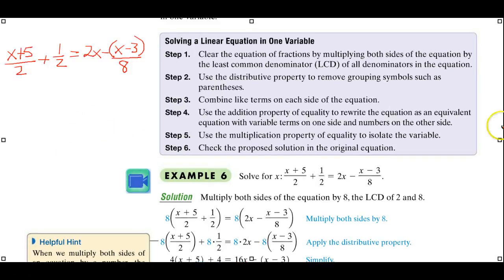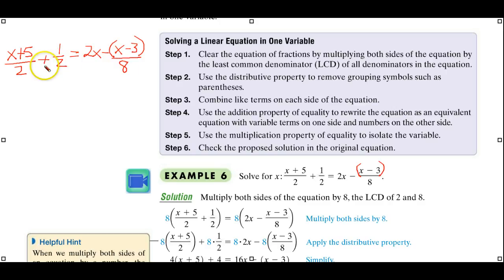Now in example 6, I'm using this room up here to write it out carefully. Now notice I put this in parentheses, and there's a negative sign out in front. But how many terms do we have here? Well, this is one term, this is one term, one term, one term.